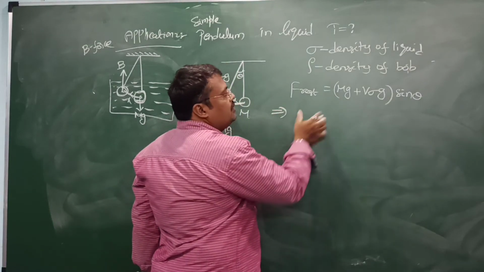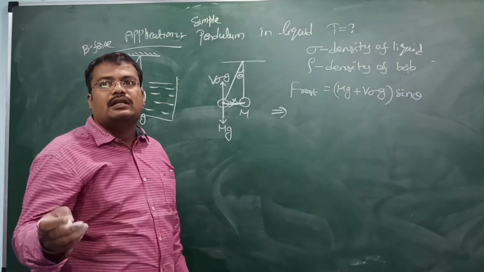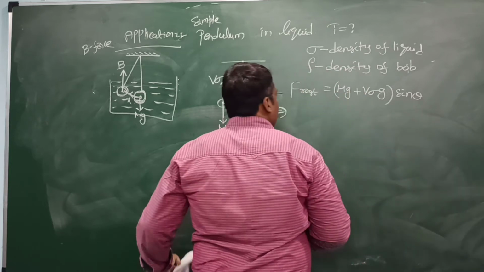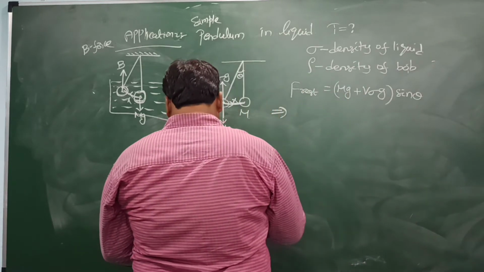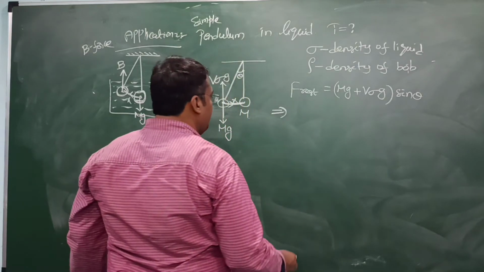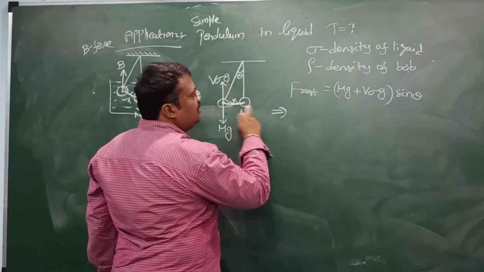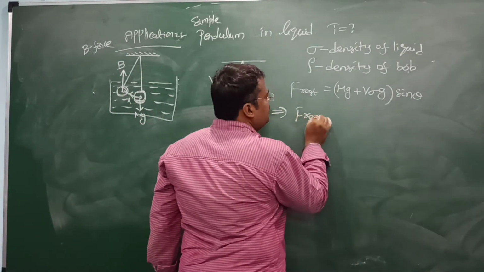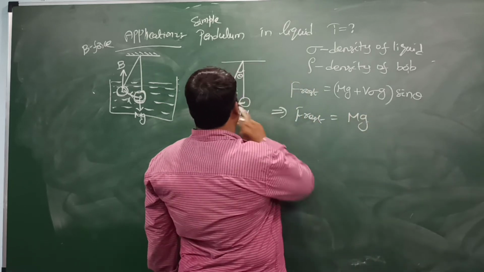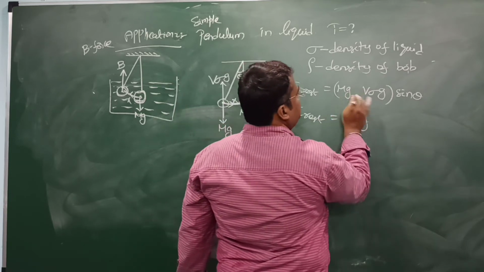So what about the next content? Whenever we got the restoring force, theta is very small in this case. Whenever theta is very small, you have to consider that sine theta is equal to x divided by L. So this is x. So restoring force mg sine theta is in the opposite direction, minus here.